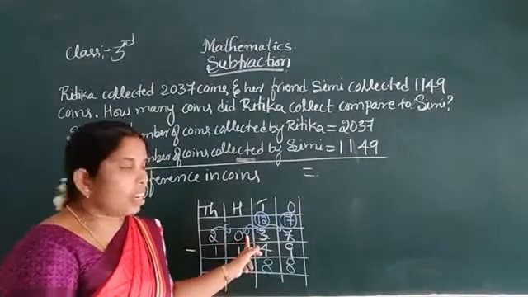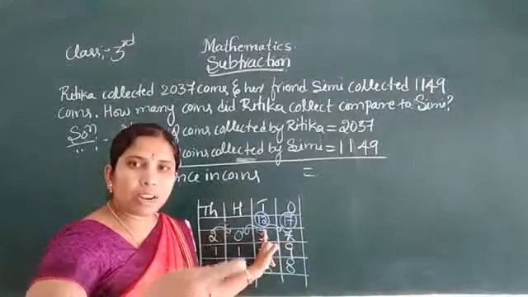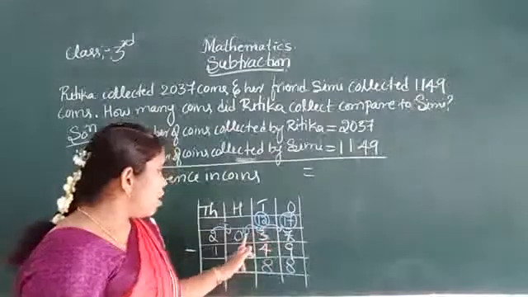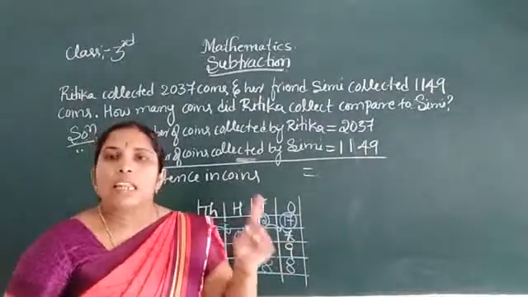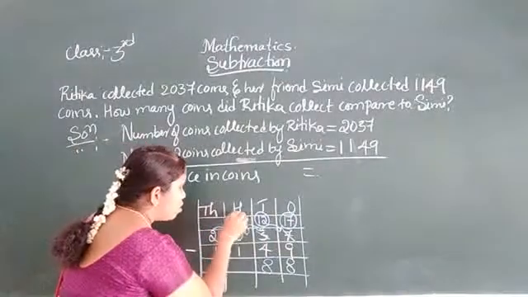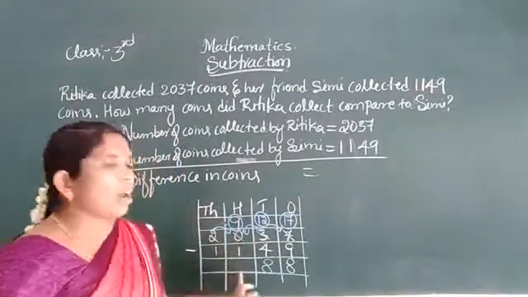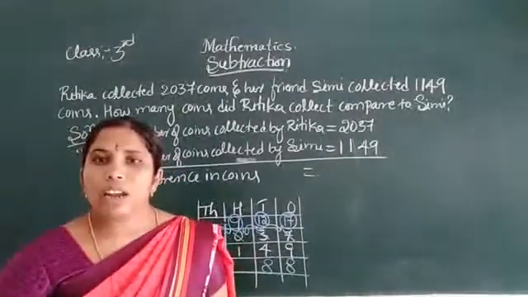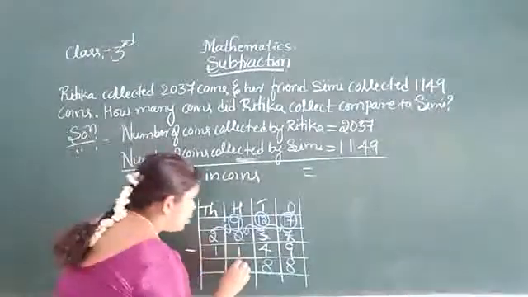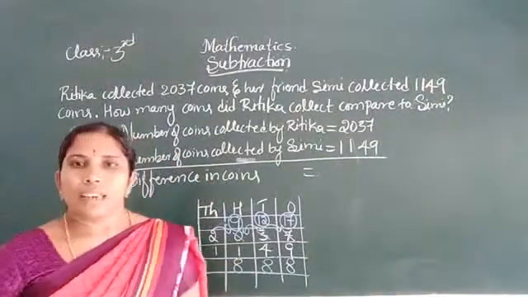That 10 has given 1 borrow to the right side neighbor digit, so this 10 becomes 9. Now this is the new digit, not this. So now 9 minus 1 equals 8.